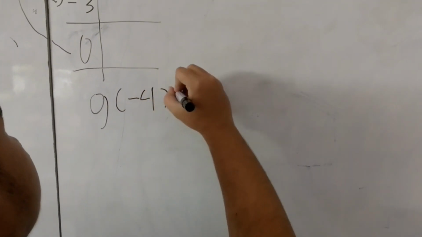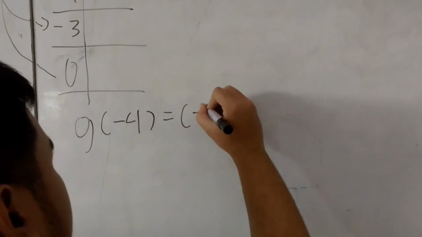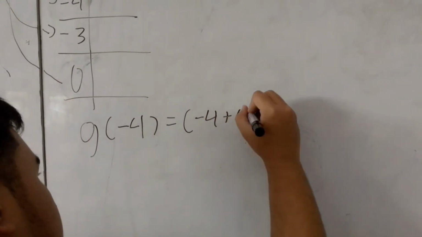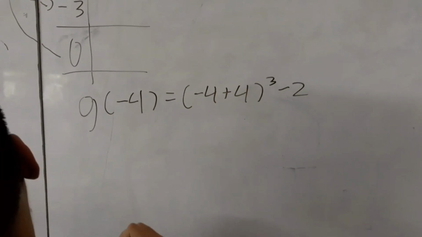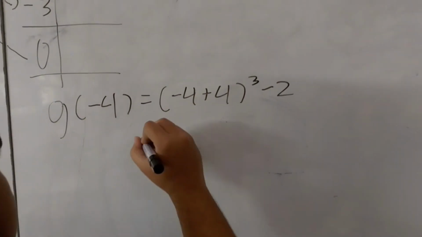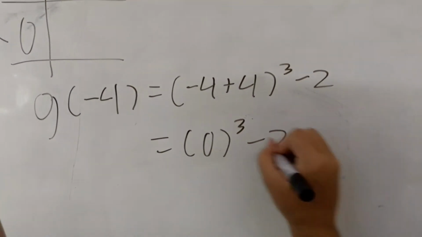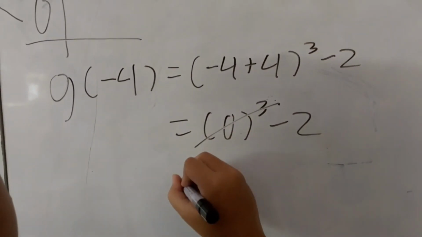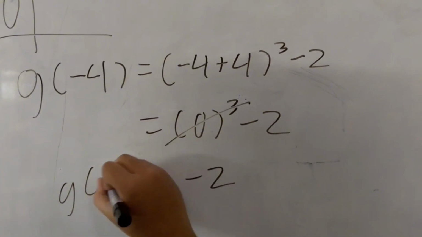Then substitute it to our equation. G of negative 4 is equal to negative 4 plus 4 squared, cube minus 2, is equal to 0 raised to cube minus 2, equal to negative 2.